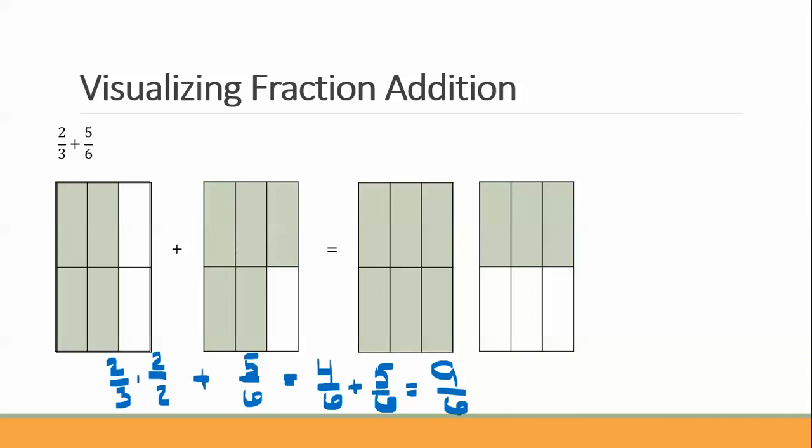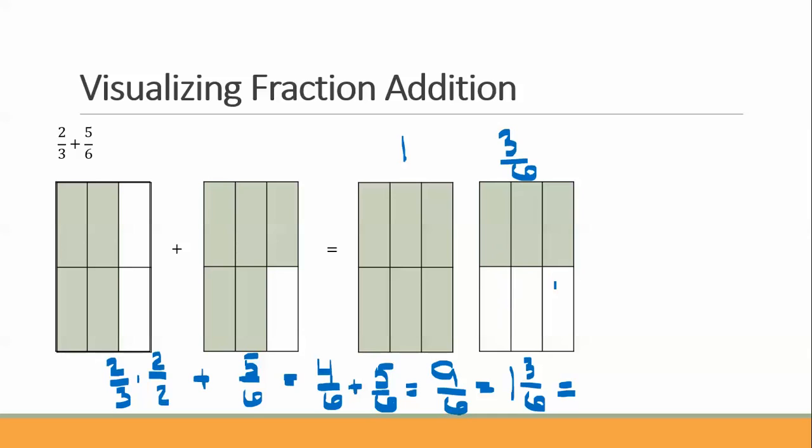That's 9/6, which is 1 whole and 3/6. So you can write it as 1 whole and 3/6. Notice we could simplify this fraction.